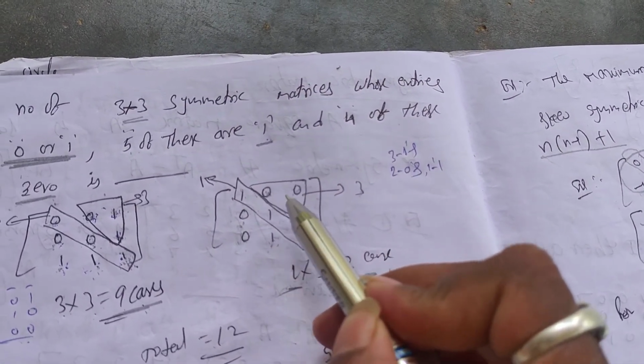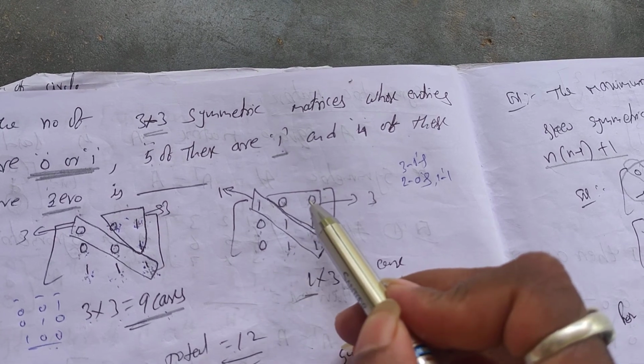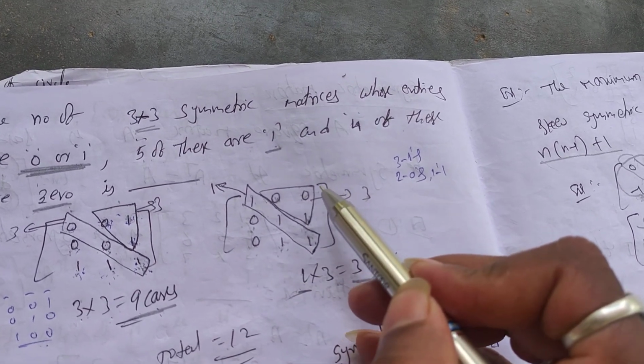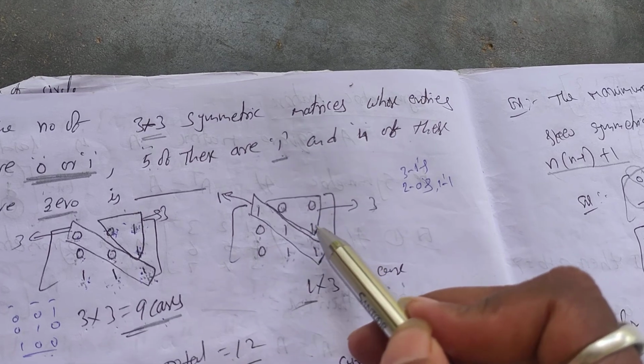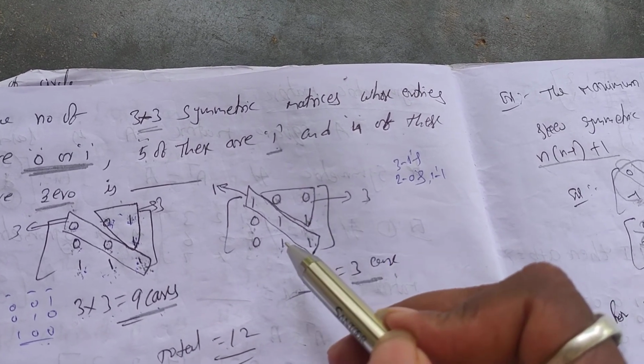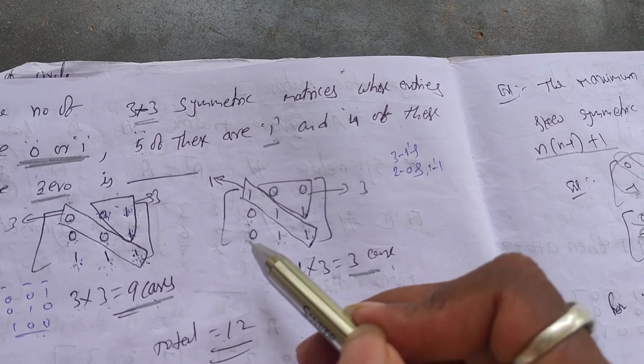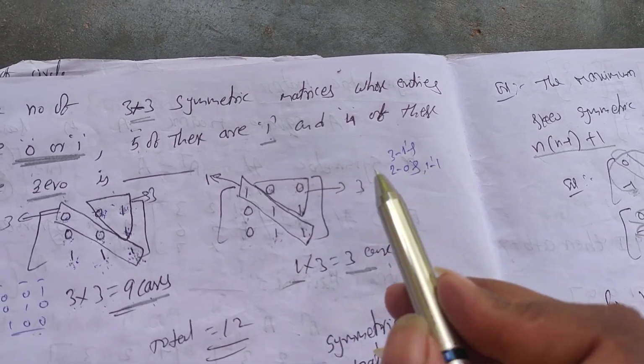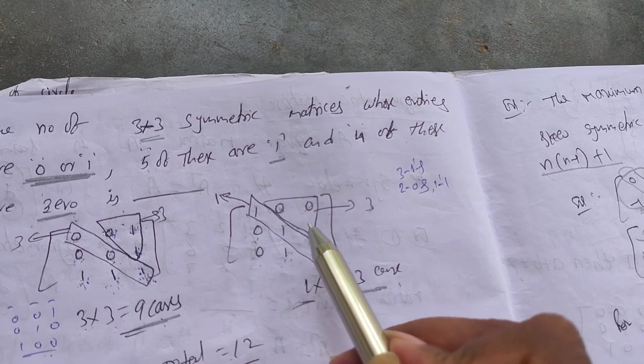I am observing the upper part. Four zeros means two zeros fill in the upper side and two zeros in the lower side. Two ones means one fills the upper side and one more fills the lower side. So don't consider the lower side; consider the upper side, where we have two zeros and one 1.